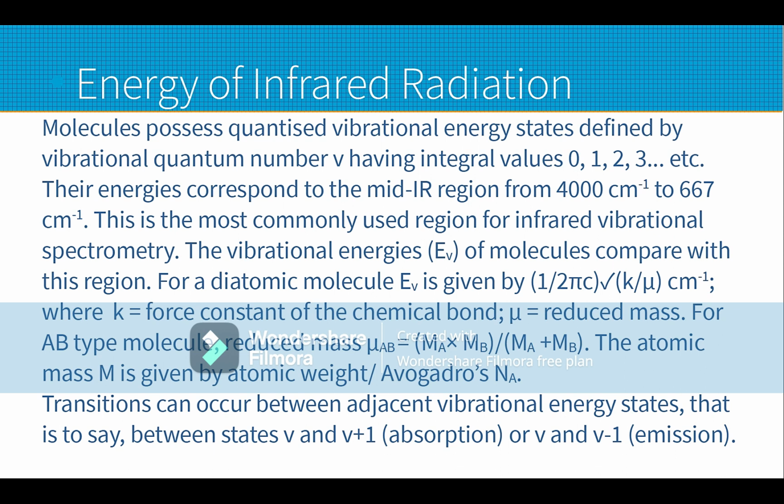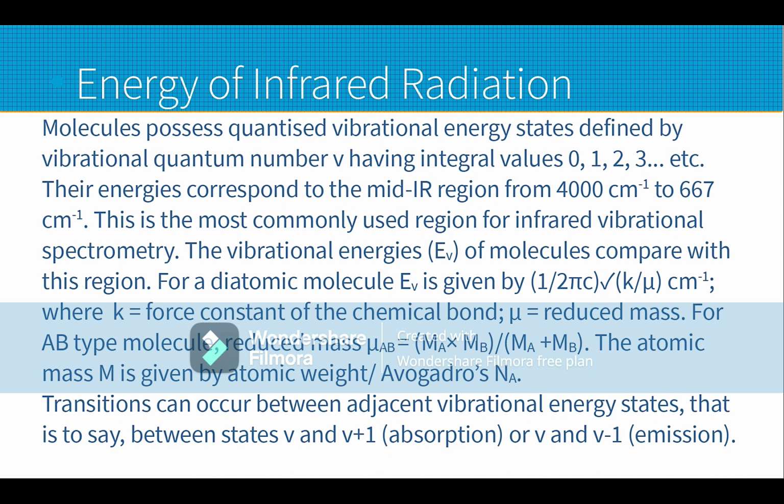Then the reduced mass mu AB is given by the product of the two atomic masses divided by their sum. How do we obtain the atomic mass m? If we have atomic weight, simply divide it by Avogadro number Na. The result is the atomic mass.